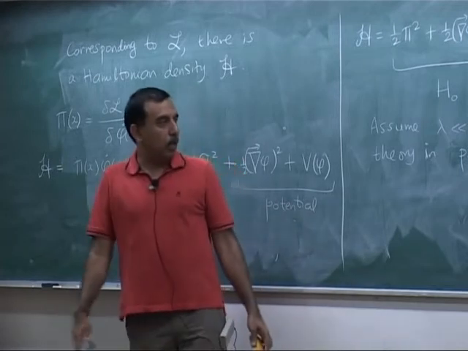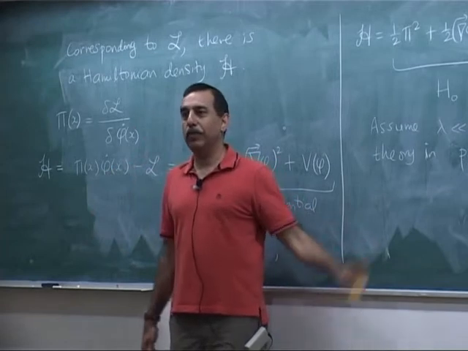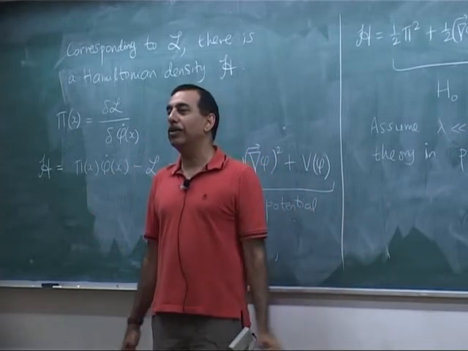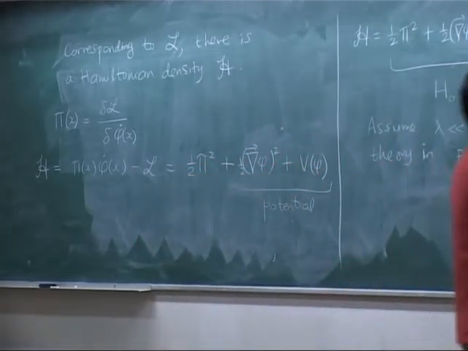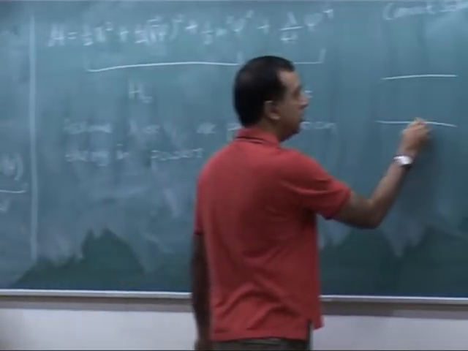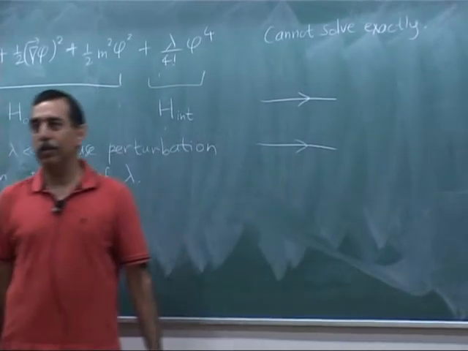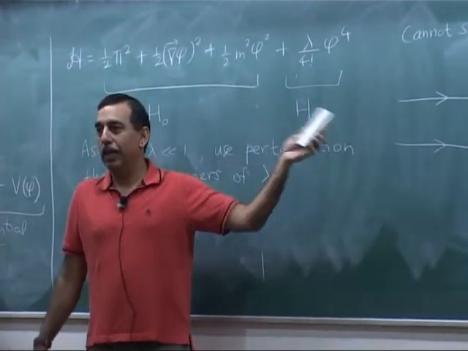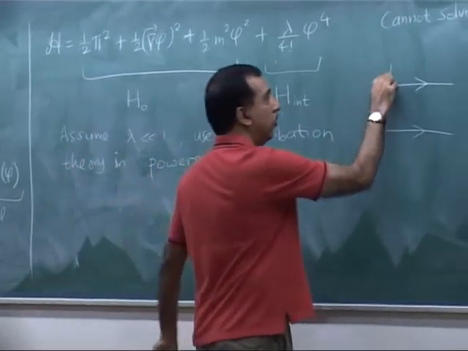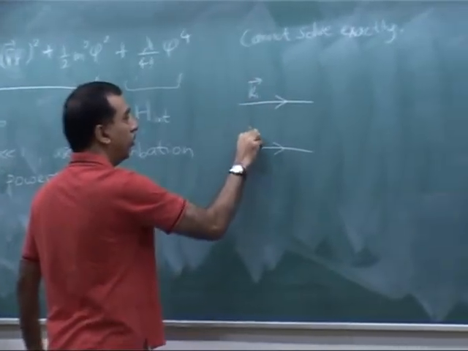Now, what would be the first correction? So, for example, in such a theory, there would be no scattering. Let's think of a picture. Imagine 2 incident particles. So, this state I could prepare in the free theory. A state with 2 incident particles of 3 momentum k1 and k2.